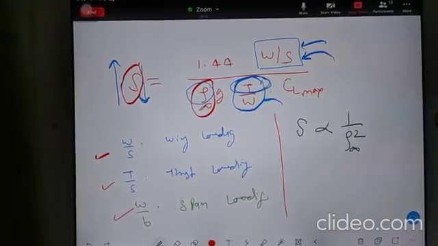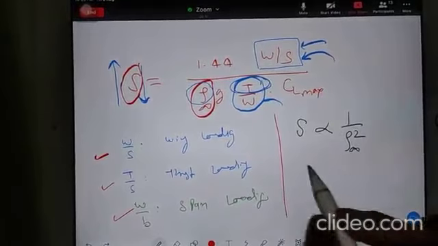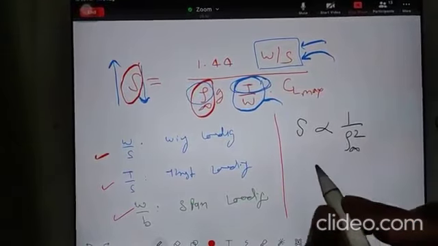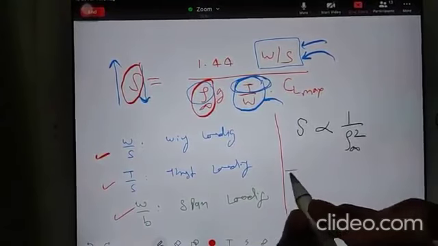So in that case, how will you tackle this? So see, you should know that, just mention one strong point here.